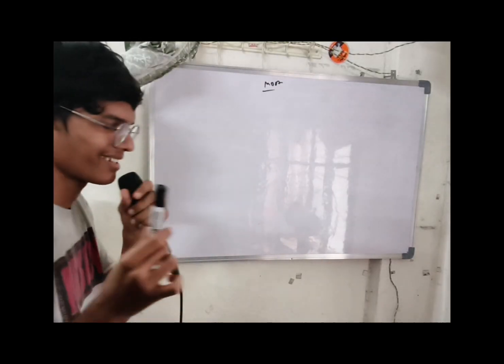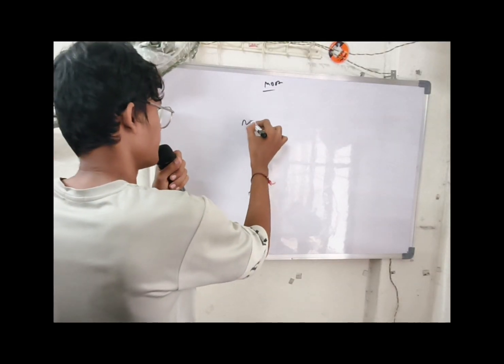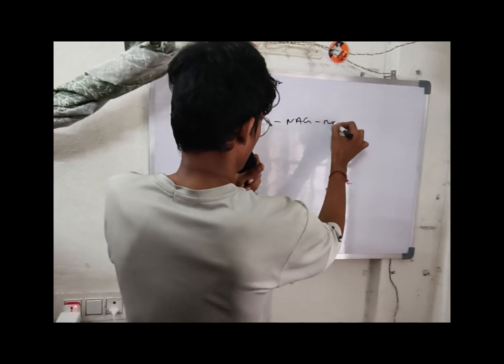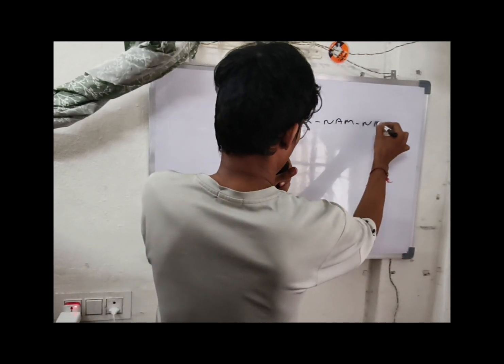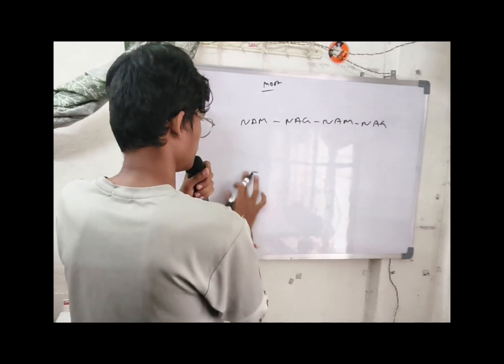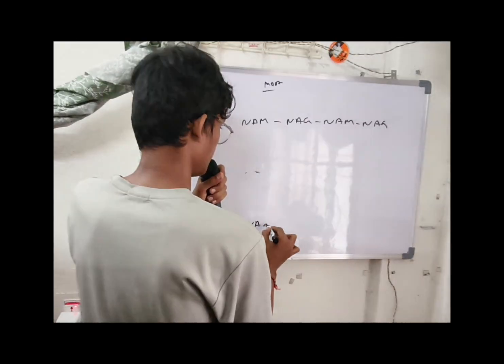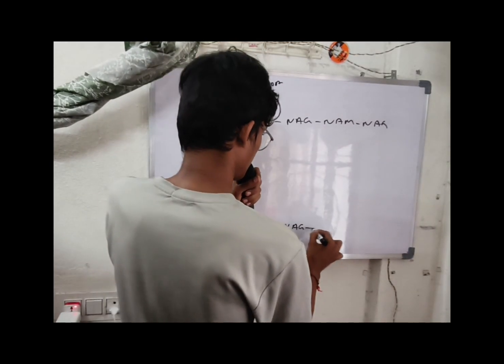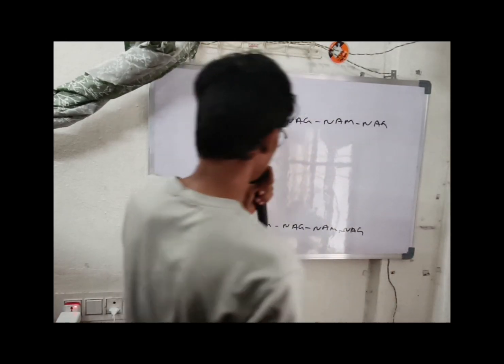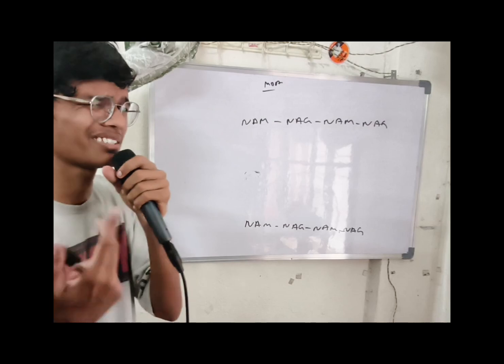So in the bacterial cell wall we have sequences like NAM, NAG, NAM, NAG, NAM, NAG, NAM, NAG. Okay, what are these NAM, NAG?